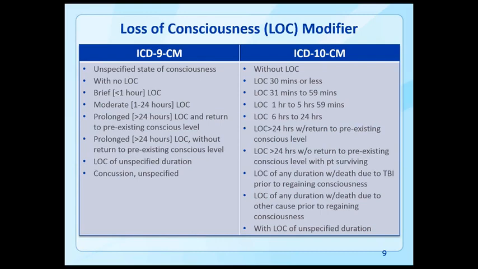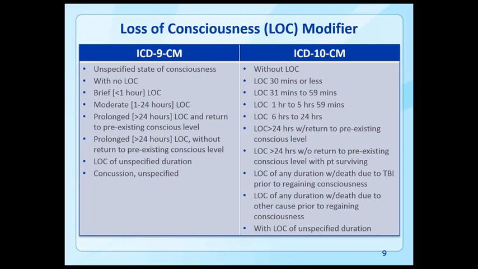So what do I mean by these modifiers? These modifiers are actually a digit within the code that tells you something about the loss of consciousness and the length of time of loss of consciousness. So this table shows you what those modifiers look like in ICD-9-CM and then what they look like in ICD-10-CM. So in ICD-9-CM, there actually were 8 particular modifiers, and if you look over them, you'll see that they talk about brief, moderate, and prolonged, but they're rather long periods of time.